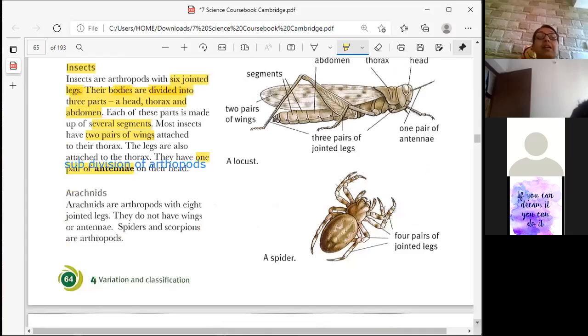See, now we move to the second subdivision. And for the second subdivision, I will give you the markings which you can write at home. Arachnids, 8 joint legs.